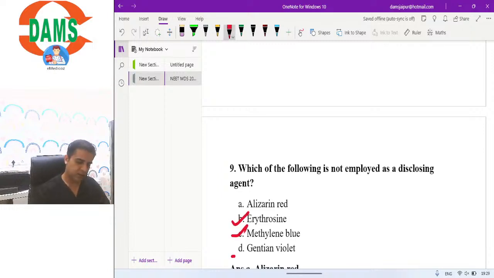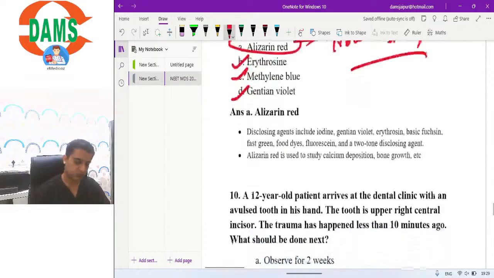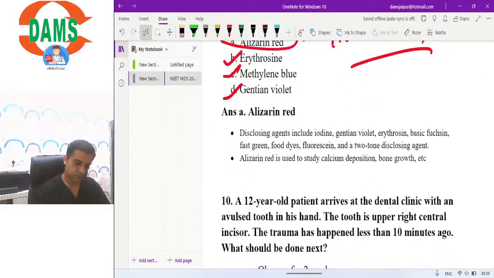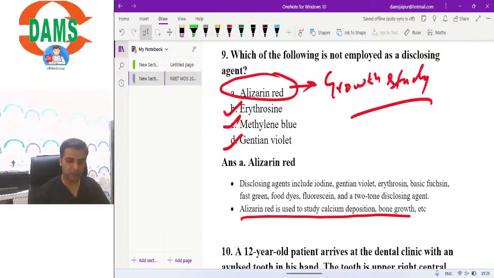These all three are disclosing agents: erythrosin, methylene blue, gentian violet, right? Alizarin red checks the calcium deposit growth. And the other agents are disclosing agents: iodine, gentian violet, erythrosin, basic fuchsin, fast green, 2-tone disclosing agent.